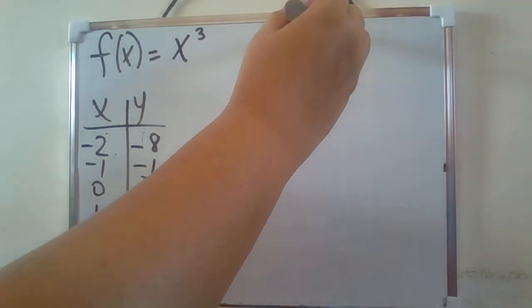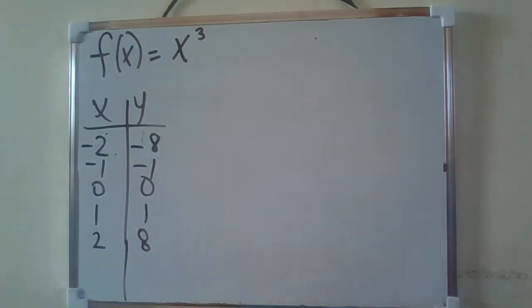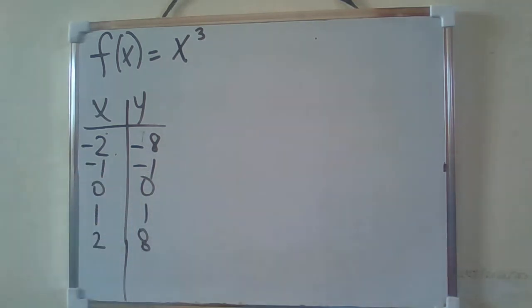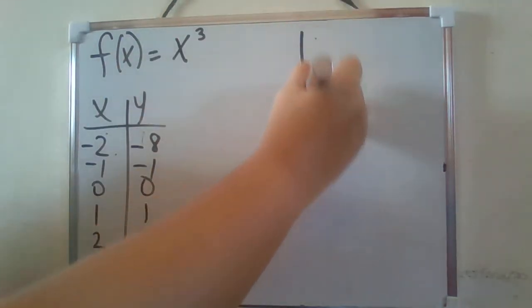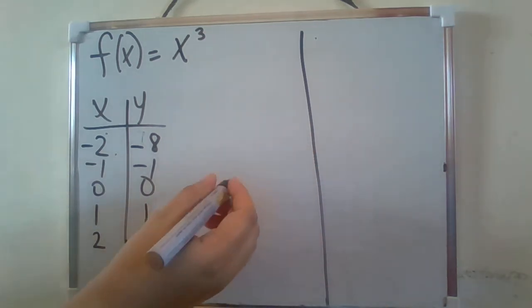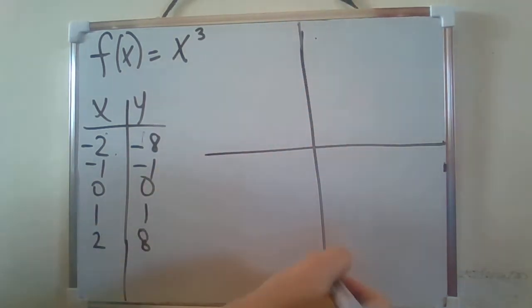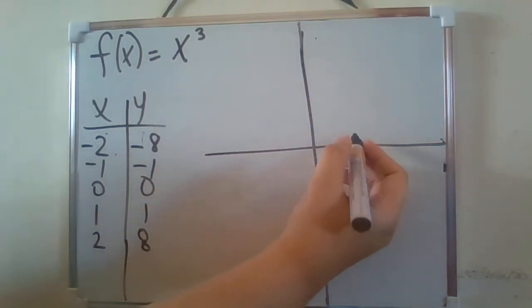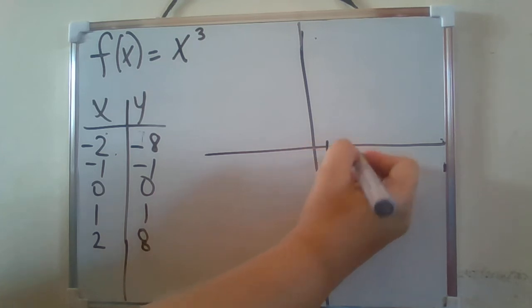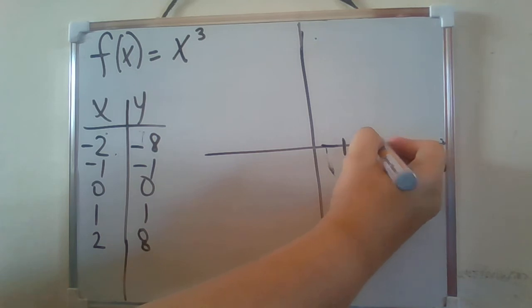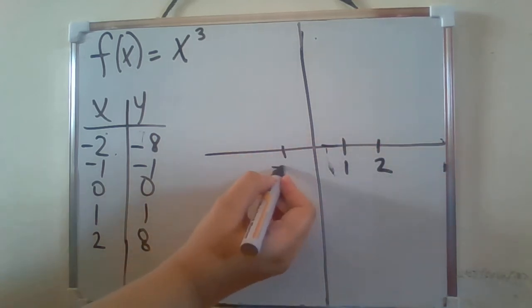Napansin ninyo, since nag-cube na tayo and it's multiplied by itself 3 times, nagkaka-produce din siya ng negative. So, try natin siyang i-graph. Let's see what's gonna happen. Lakihan natin yung x para makita natin yung pagkakaiba.